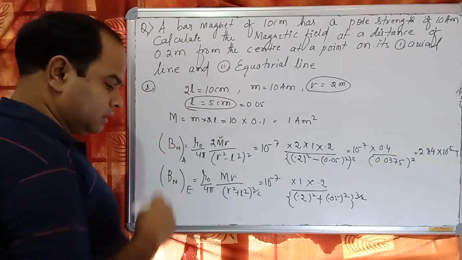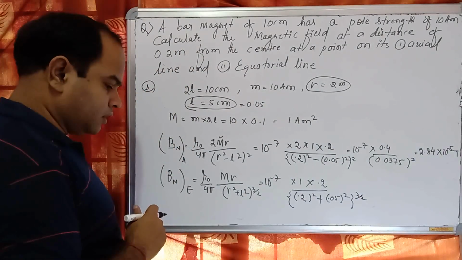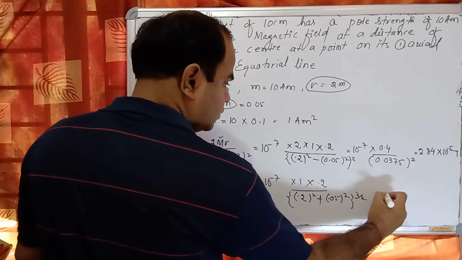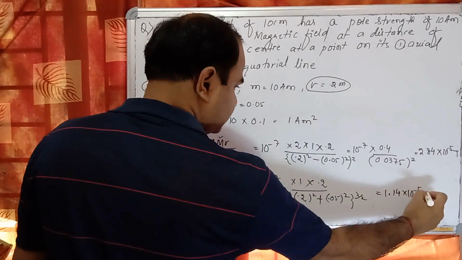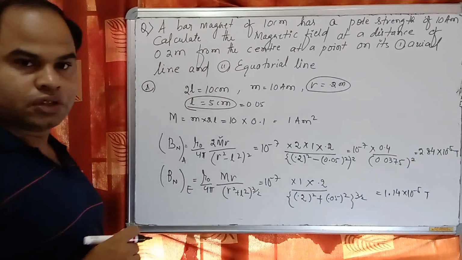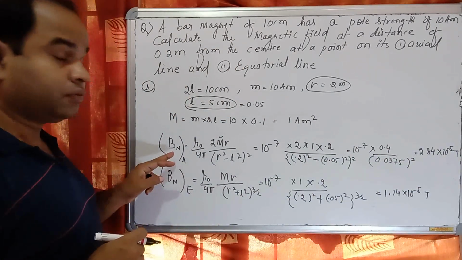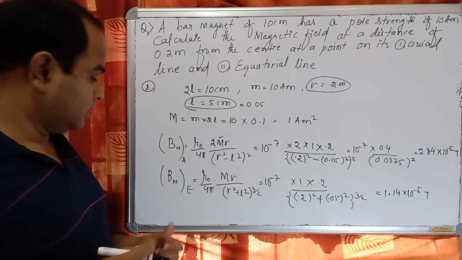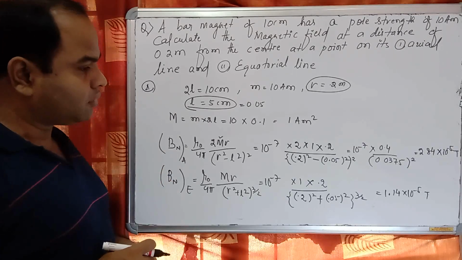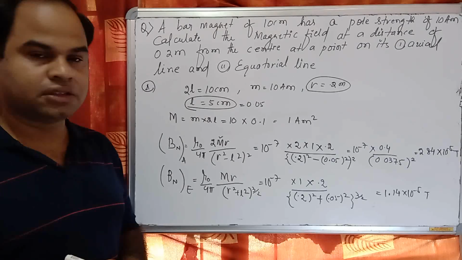Okay, so the answer is 1.14 into 10 to the power minus 5 Tesla. So the value of the magnetic field at the axial point is 2.84 into 10 to the power minus 5 Tesla, and at the equatorial point is 1.14 into 10 to the power minus 5 Tesla.